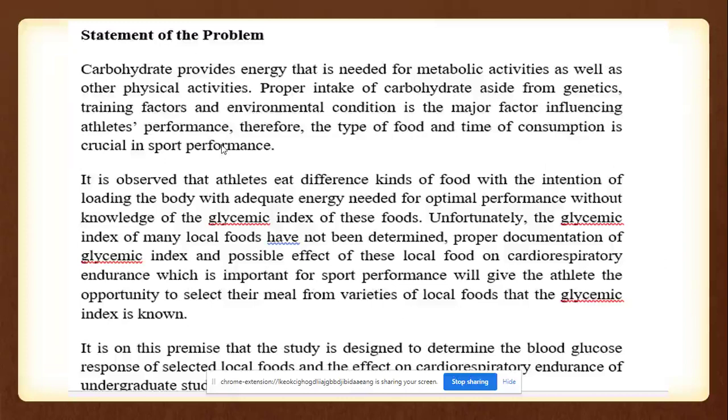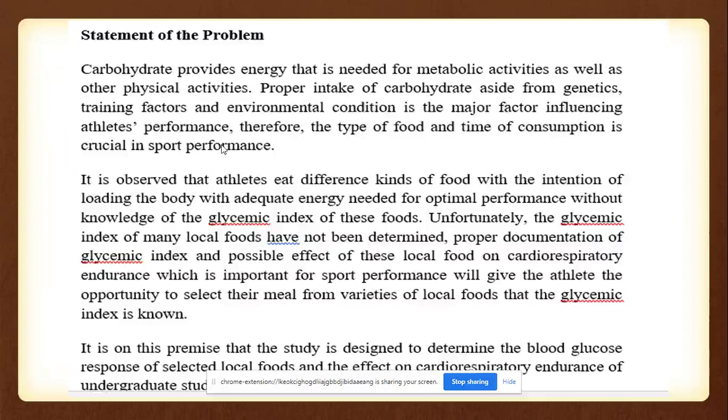The second paragraph now states the problem. It says that it is observed that athletes eat different kinds of foods with the intention of loading their body with adequate energy needed for optimal performance, without knowledge of the glycemic index of the food. Unfortunately, the glycemic index of many local foods has not been determined.